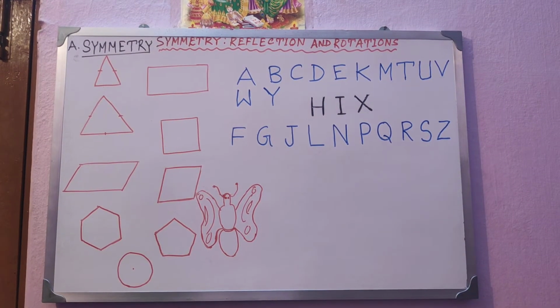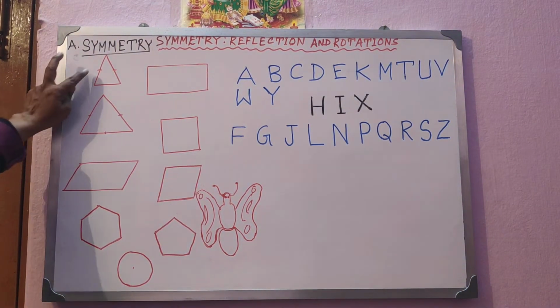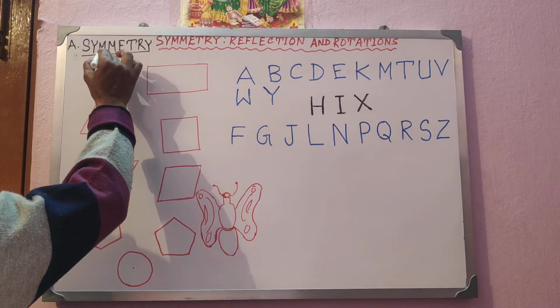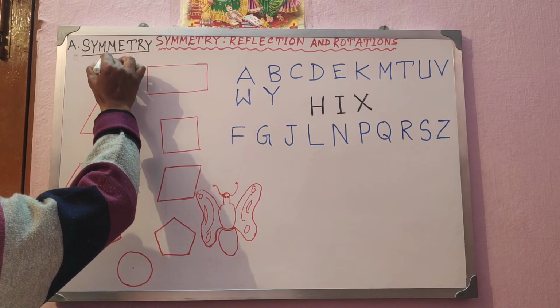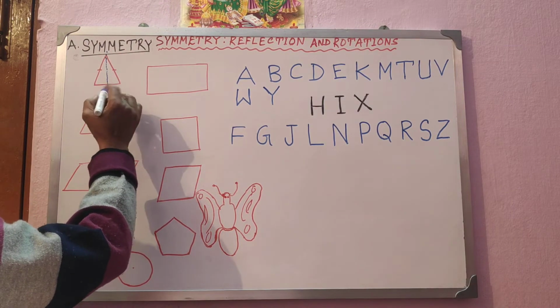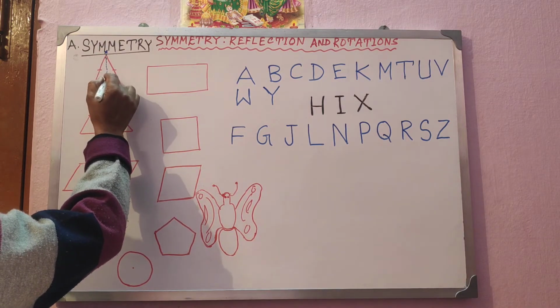See, I have taken the first figure, A, an isosceles triangle. Can you see? By the symbol you can come to know this triangle is an isosceles triangle. Assume you are drawing a line here. Through that line, this part will be identical to this part.